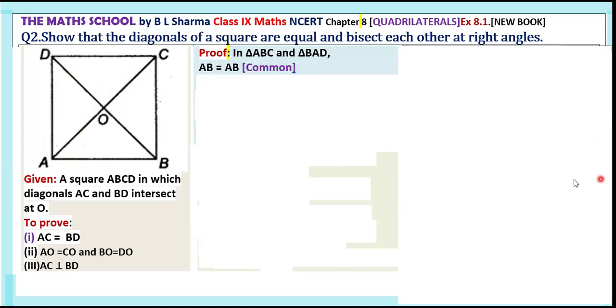AB is equal to AB, that is common. BC is equal to AD because opposite sides of a square are equal. All sides of a square are equal, so opposite sides are also equal. And angle ABC is equal to angle BAD.